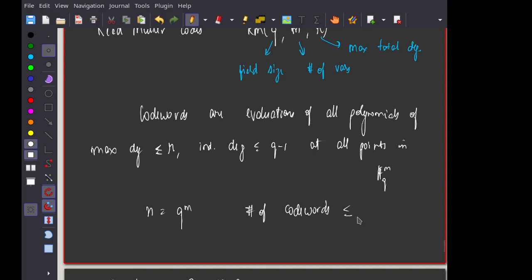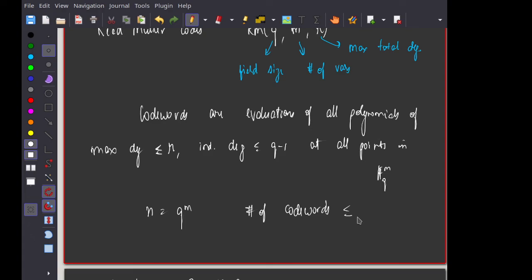Basically you need to count the number of possible m-variable polynomials whose maximum degree is less than or equal to r and individual degree is less than or equal to q minus 1. Right? So it's a counting problem, but in general it may or may not be an easy counting problem to get a nice closed form.